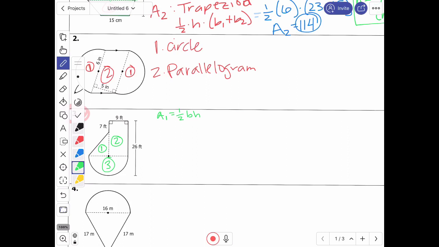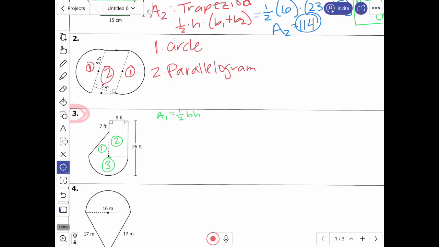We want to make sure I actually know all of those things. So my height would come from this portion, this dotted line here. Let's see. I know that, let's actually calculate this one last. I'm going to move on to area 2 because area 2 looks pretty easy.